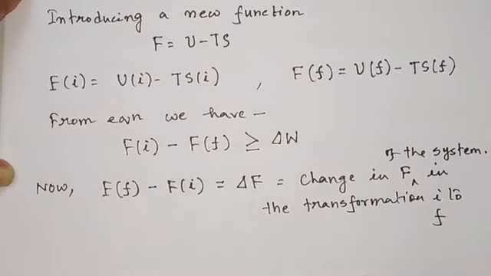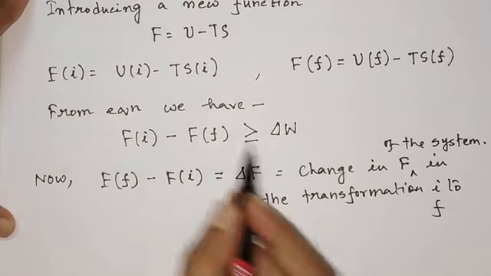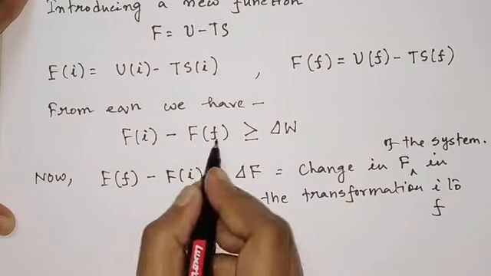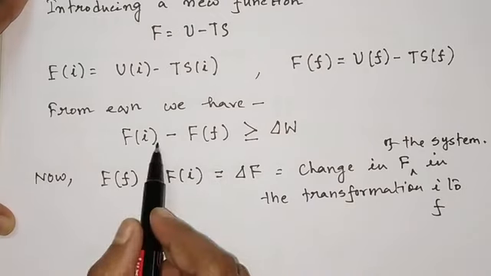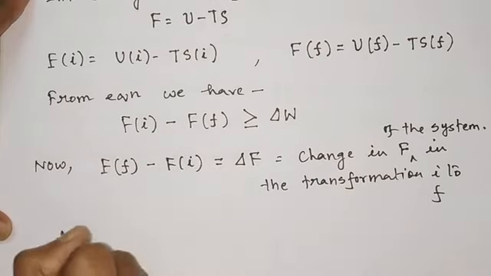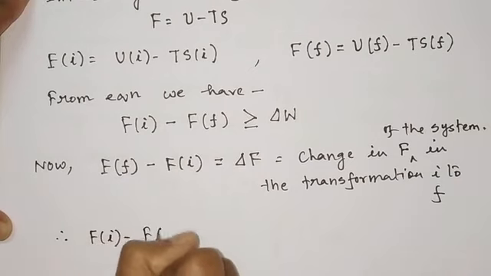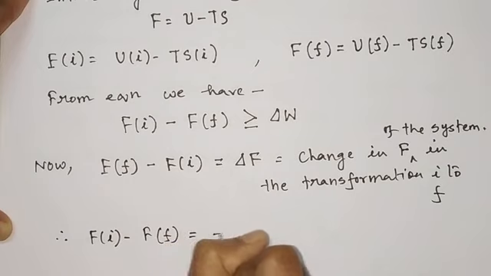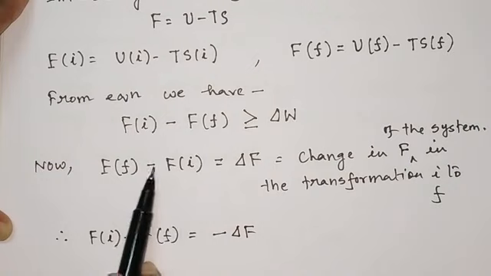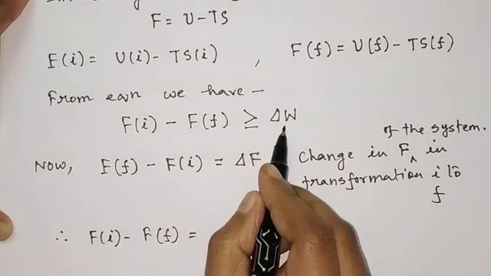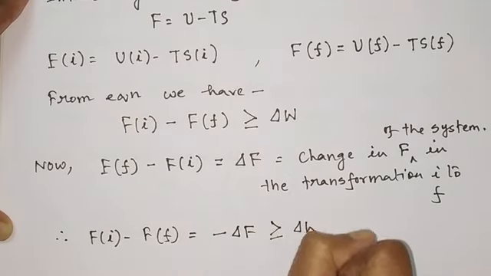Therefore from this equation, FI minus FF is minus delta F, because delta F is FF minus FI. So FI minus FF will be minus delta F, which is greater than or equal to delta W.